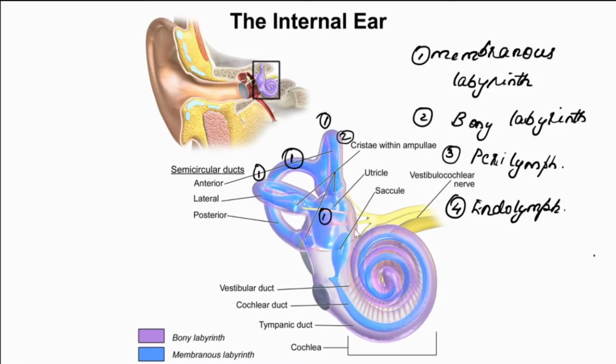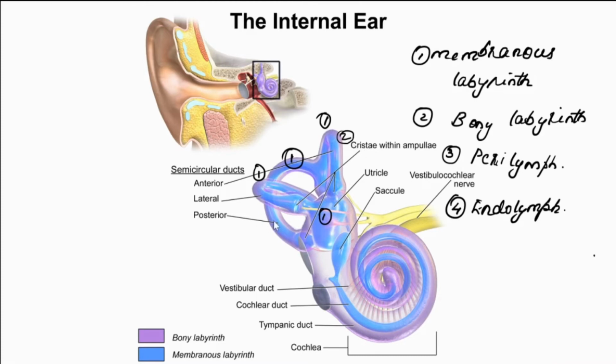So, next is the vestibular apparatus. The next point we have to understand is the vestibular apparatus. What is the vestibular apparatus? The membranous labyrinth consists of the vestibular apparatus and the cochlea. The vestibular apparatus is actually a part of the membranous labyrinth.